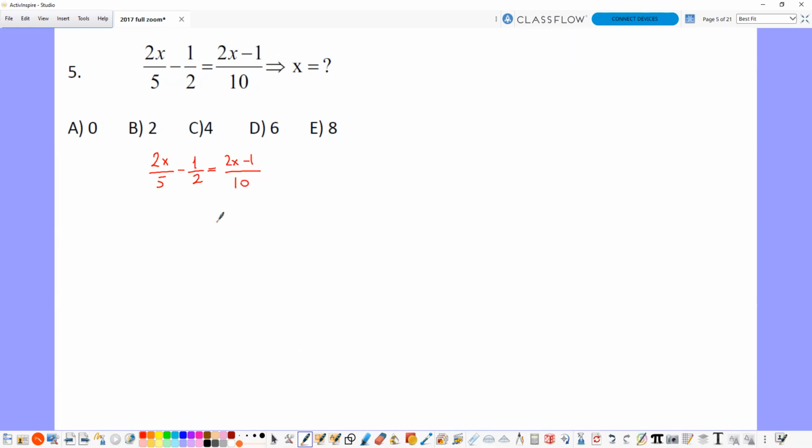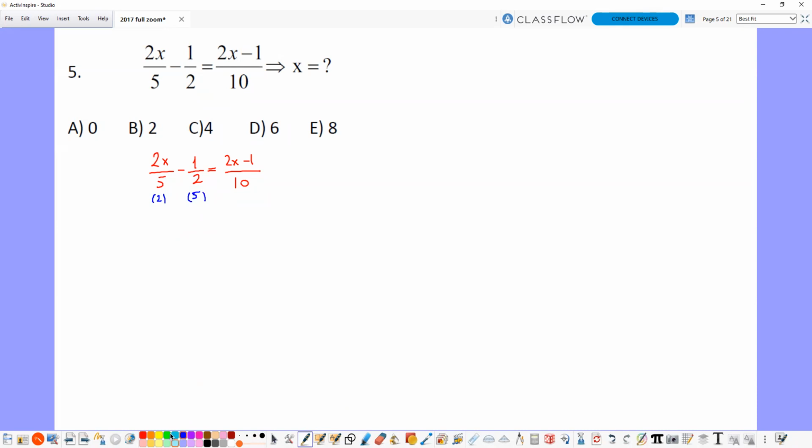If it is in this form, here we are going to firstly make this denominator same to make one operation and to complete these terms, like 2x over 5. Pardon, I didn't write the common number. The common number that divides 5 and 2, you know that is 10. So I'm going to write here 2. This is going to be 5.